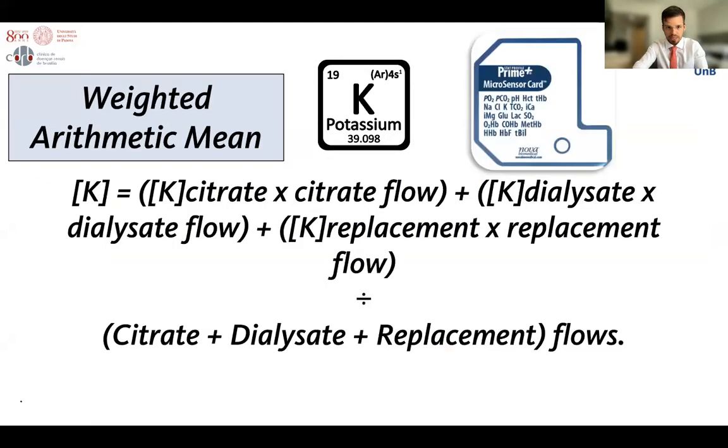To calculate or estimate the concentration of a given solute that the patient on CRT will be exposed to during the treatment, we have this weighted arithmetic mean, which means the final concentration will be the sum of the concentration of, for example, in this case, potassium in the citrate times citrate flow, and then the concentration of potassium in the dialysate times dialysate flow, and the concentration in the replacement solution times replacement flow, divided by all those flows together.